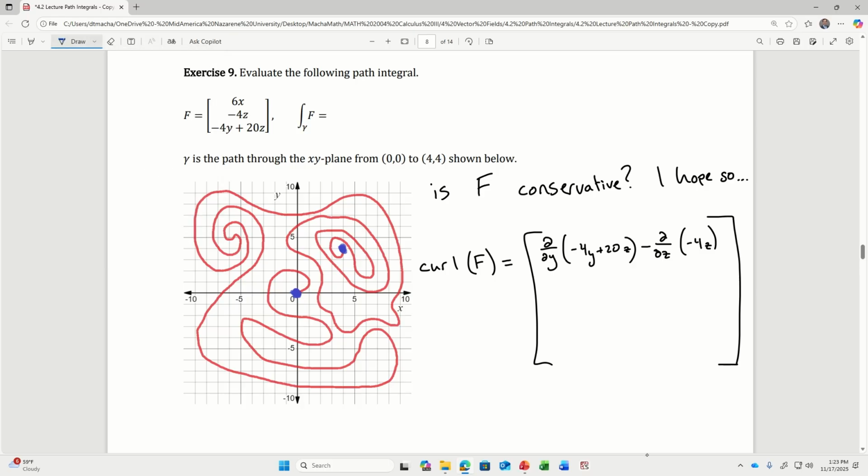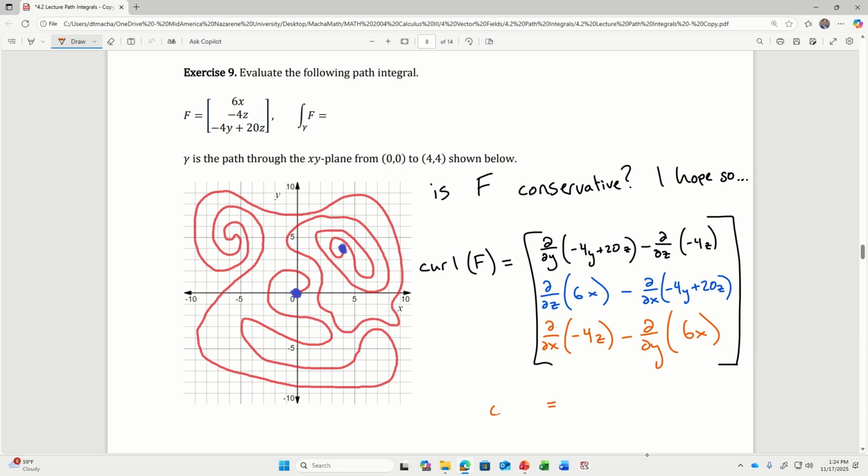The second entry in my curl is going to be the partial with respect to z of 6x, minus the partial with respect to x of negative 4y plus 20z. And then the third entry in my curl is going to be the partial with respect to x of negative 4z, minus the partial with respect to y of 6x.